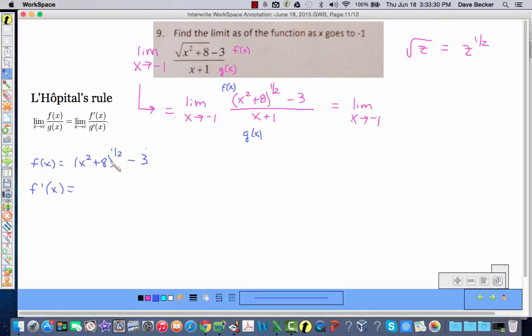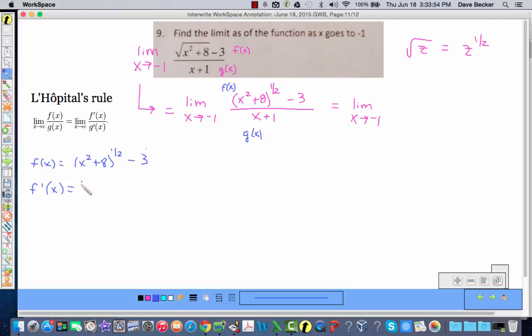So we have two different functions going on here. We have the square root, and then under the square root we have another function, x squared plus 8. And the chain rule says I have to take the derivative of the outside and multiply that by the derivative of the inside. Okay? So the outside function is the square root or the 1/2 power.